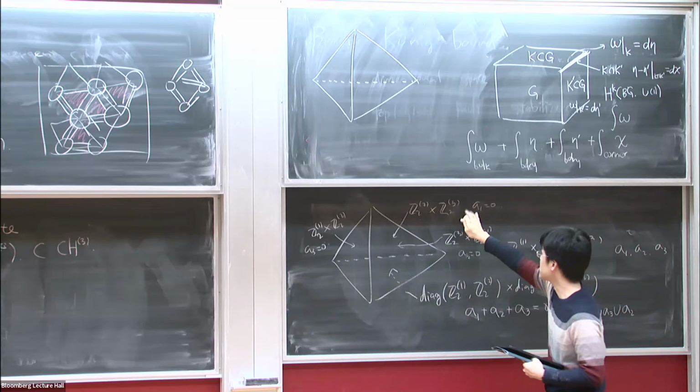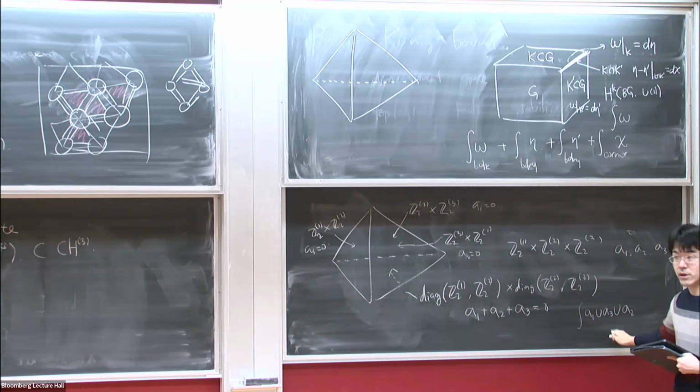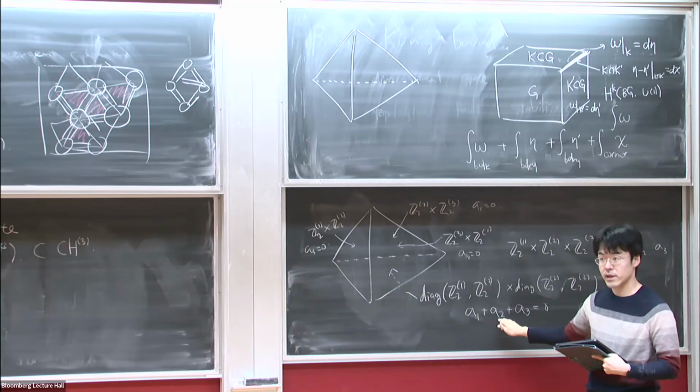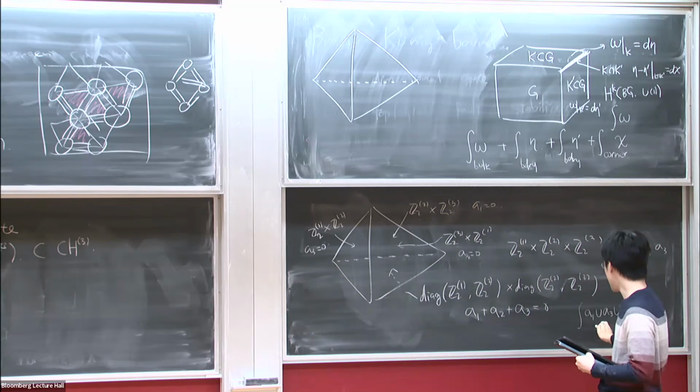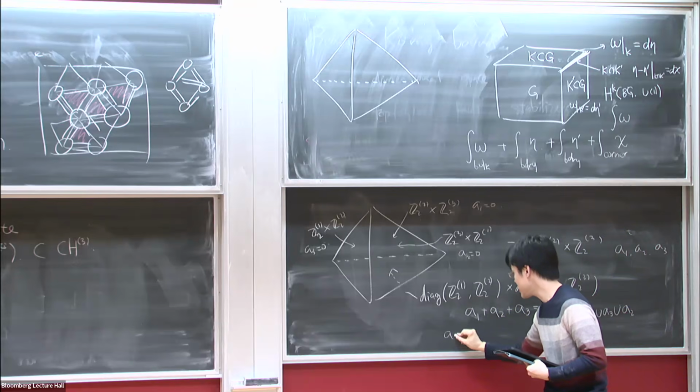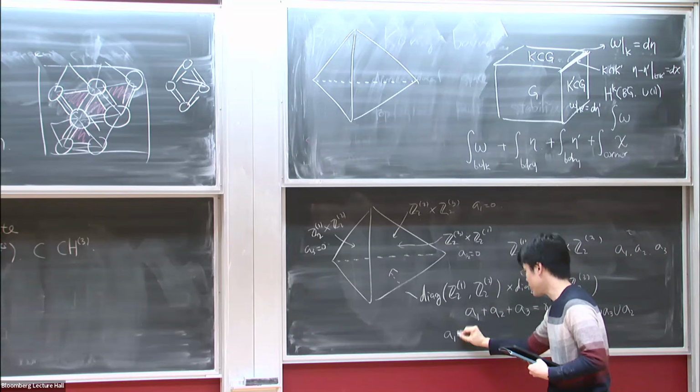For instance, here A1 equals 0, so this term is also vanishing. But on the bottom boundary, because of this diagonal symmetry breaking, it's not vanishing as a cochain. On the bottom, it is turned into A1 cup A1 plus A2.